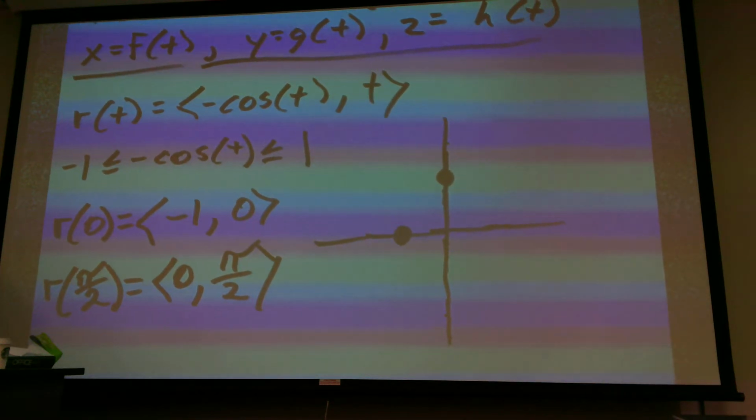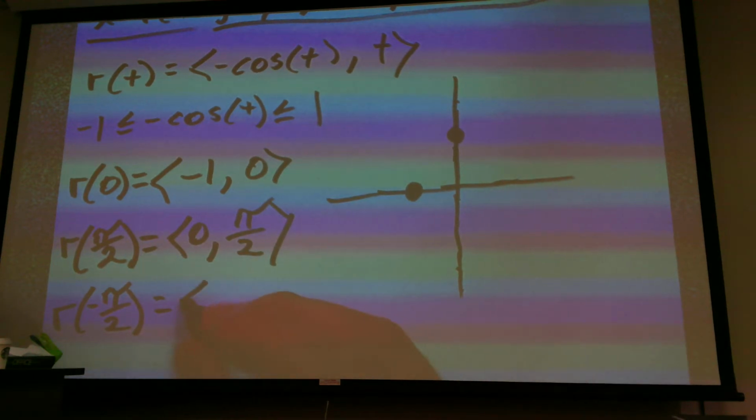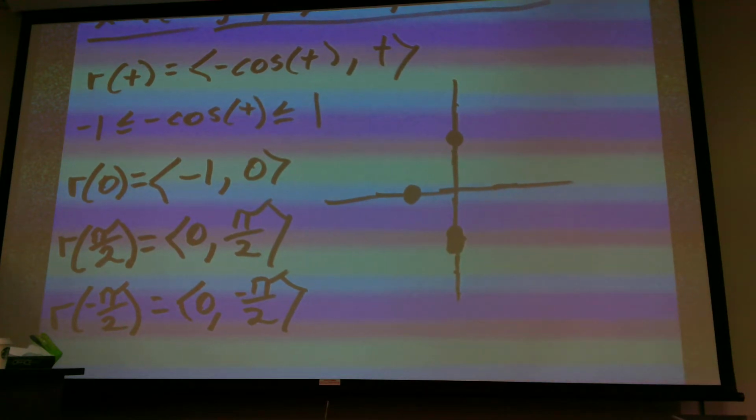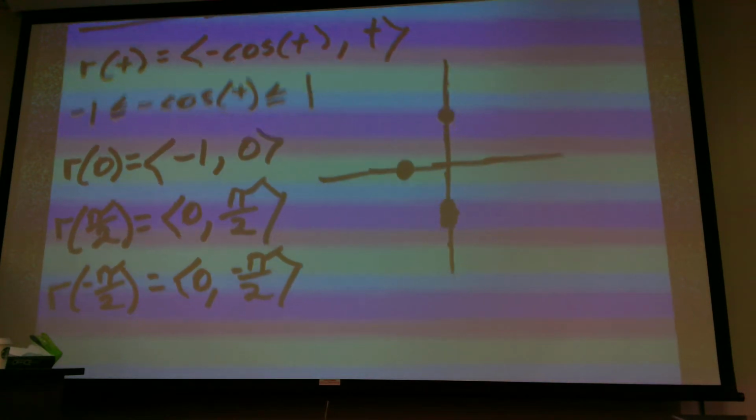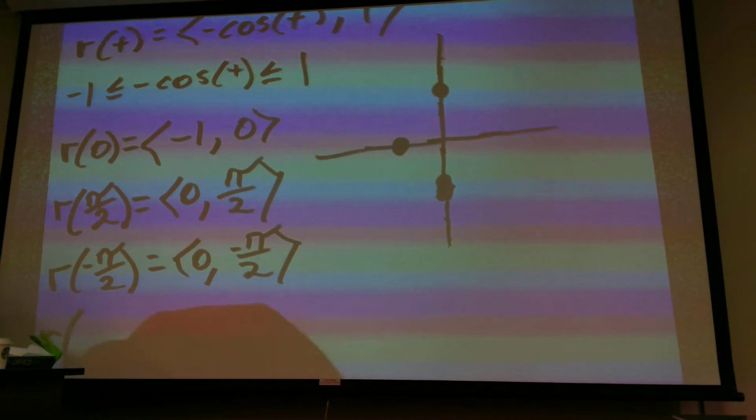What if I tried going down? So let's say r of negative pi over 2. Well, that would be 0, comma, negative pi over 2. So I would end up with a point somewhere down there. Okay, so I have 0, negative pi over 2. And let's say, what is r of pi?